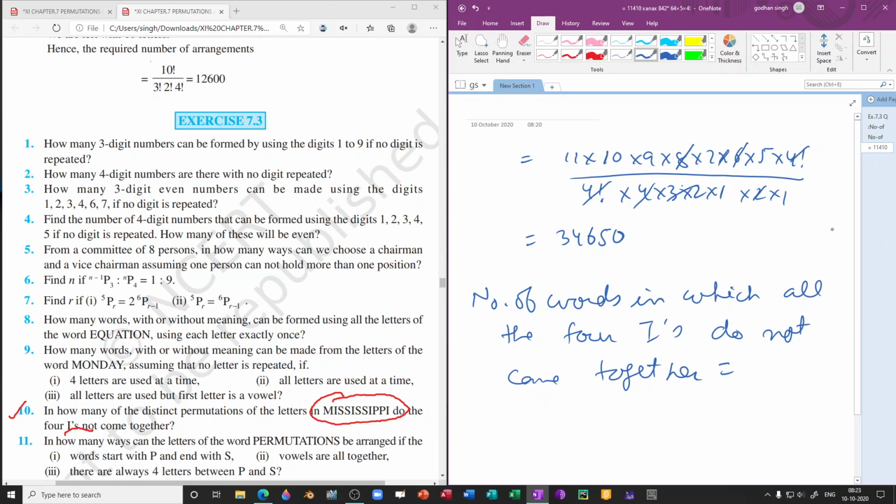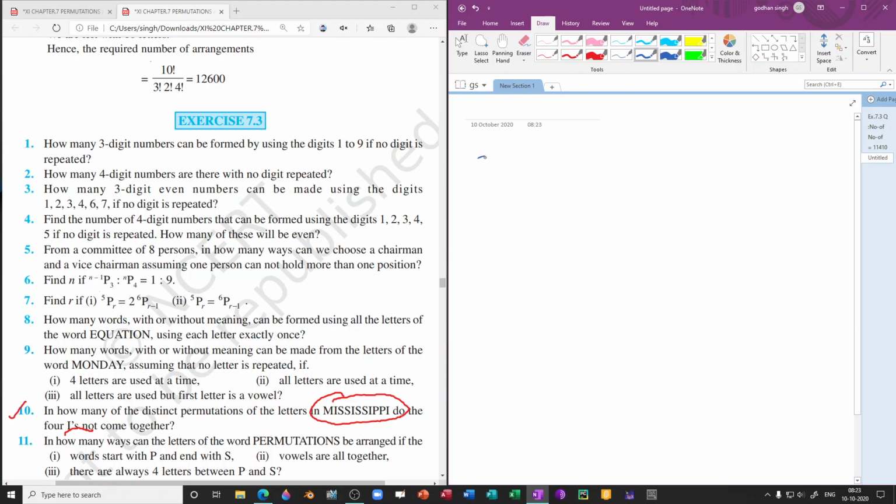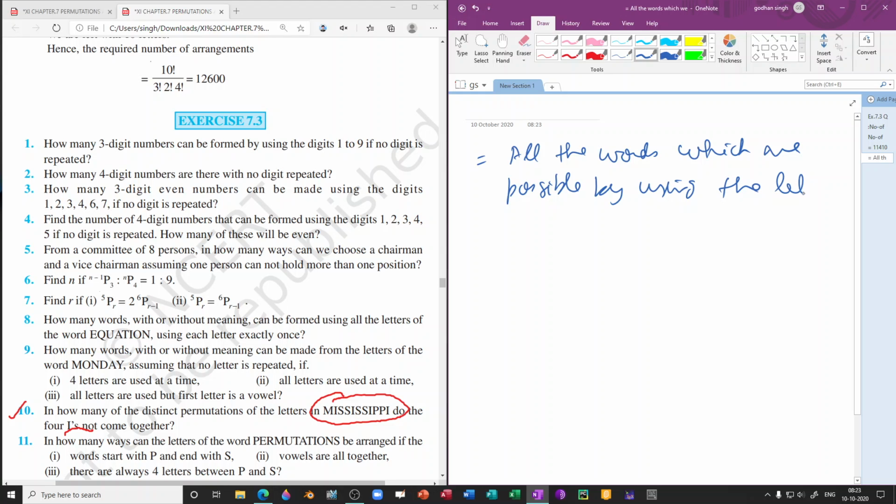So that is equal to: we'll first take all the words which are possible by using the letters of the word.